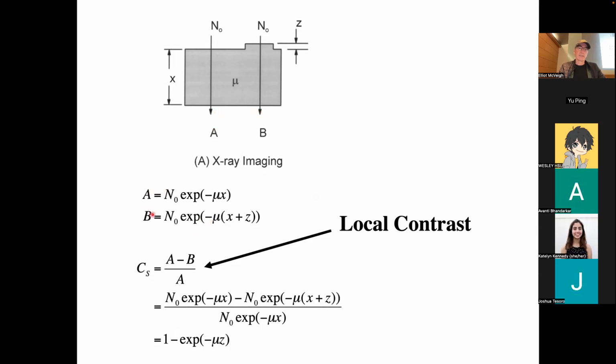Plug all that in and you get something very simple: the contrast from A to B is just 1 minus whatever this little delta mu z is. It could be like 0.95 if z was really small. It gives you a percentage change in the signal intensity relative to the background. This is used in CT quite often.